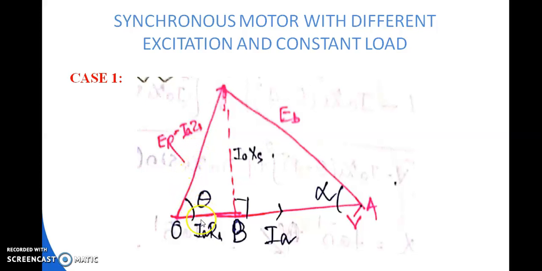The angle between the origin and the resultant EMF is theta. From this point, this is IA into XS, and the angle between the IA phasor and the IA XS phasor is 90 degrees. So, this is the phasor diagram for case 1.